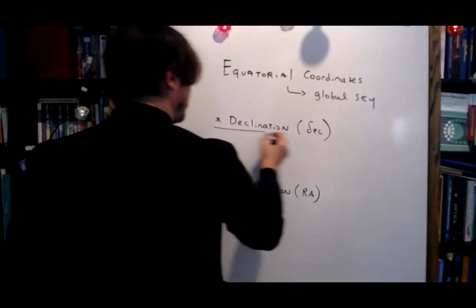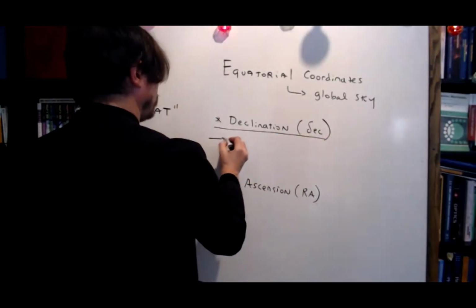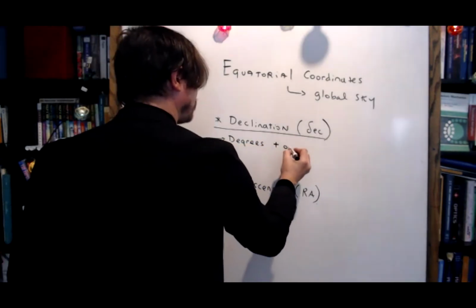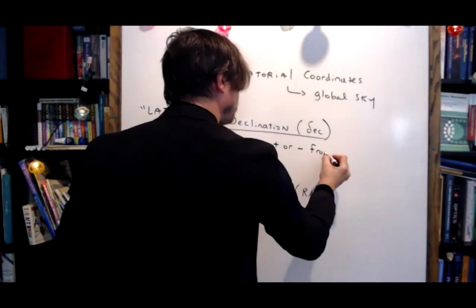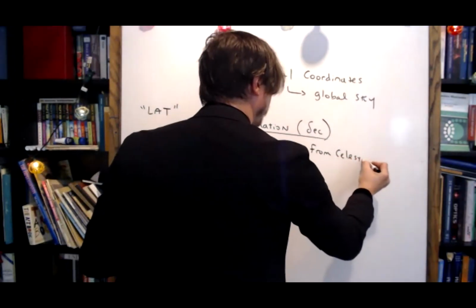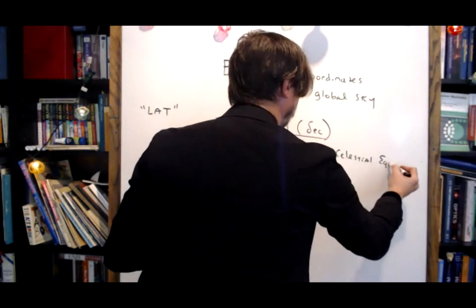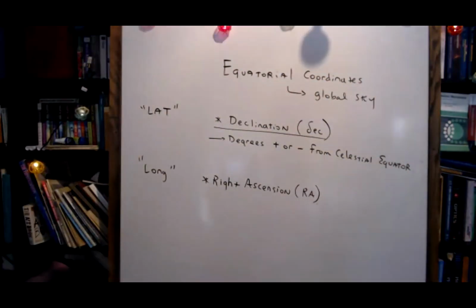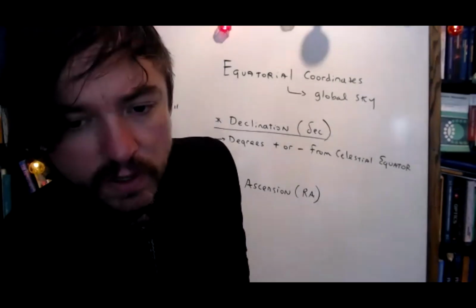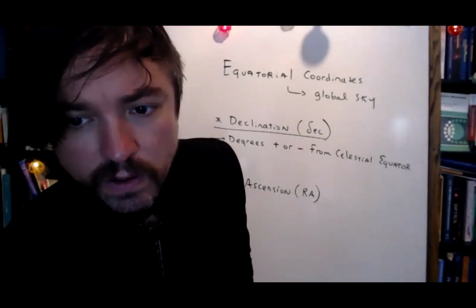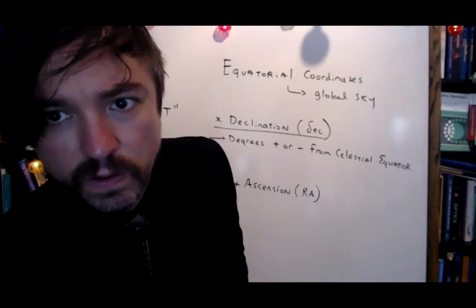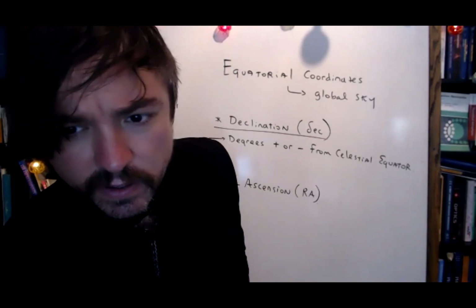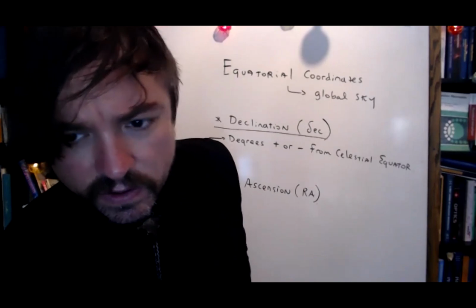Declination is defined as degrees plus or minus from the celestial equator. Okay? Picture would be nice.